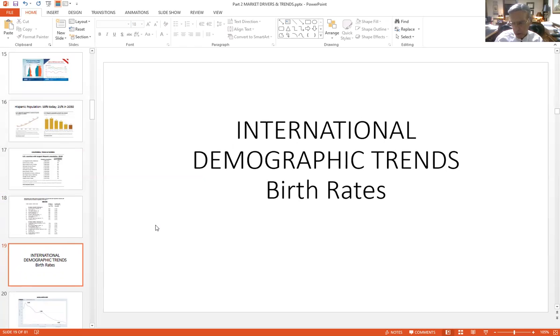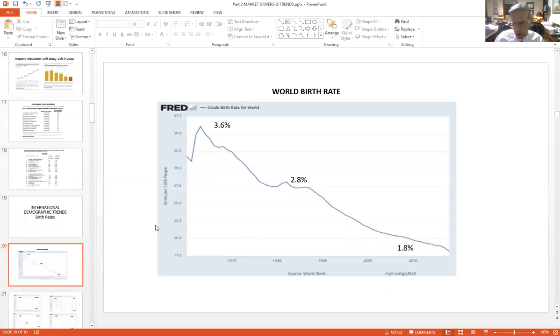So real quickly, we can take a look at some trends in demographics between parts of the world. Here is the birth rate. If you happen to read the legend over here, it's the number of births per 1,000 people over here on the y-axis.